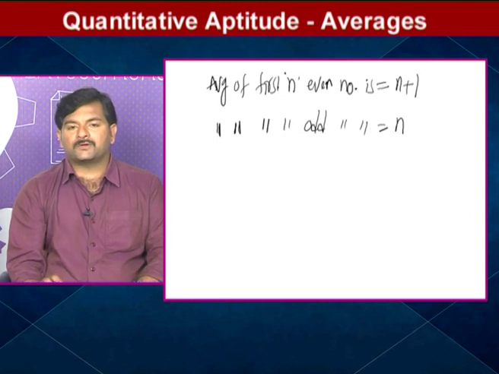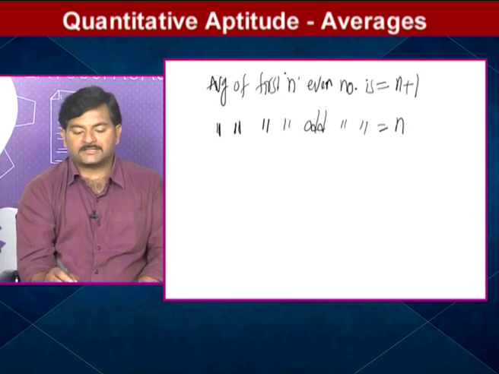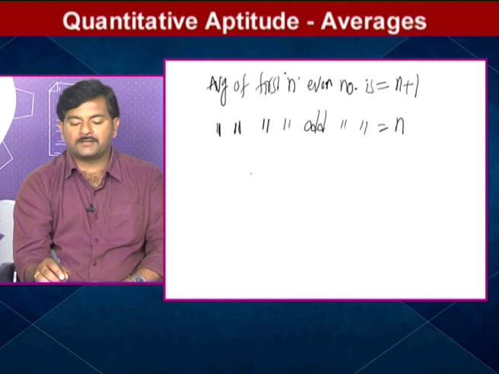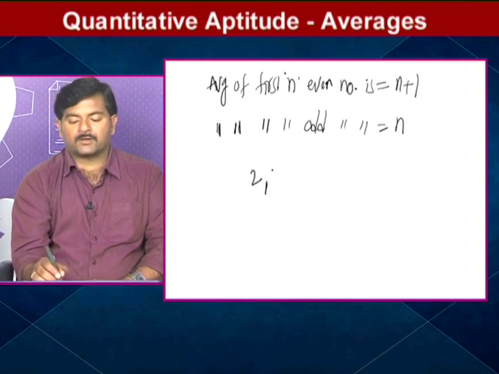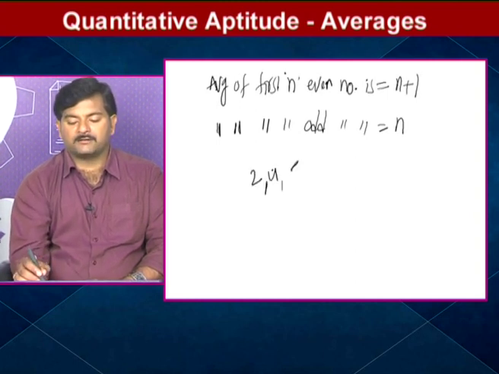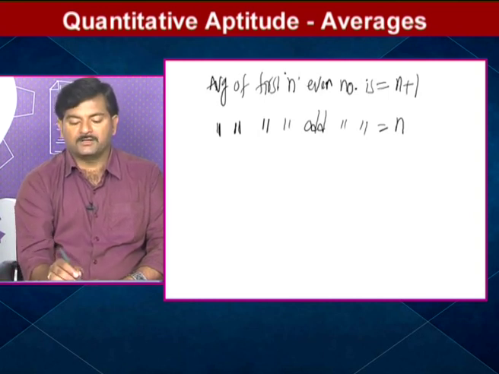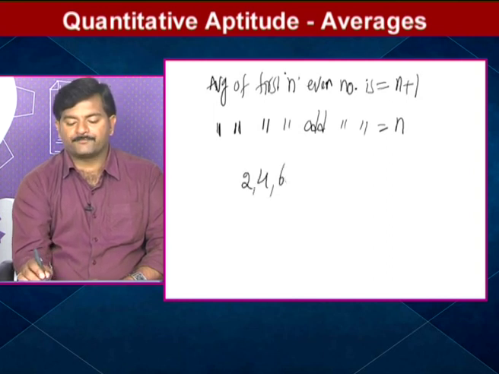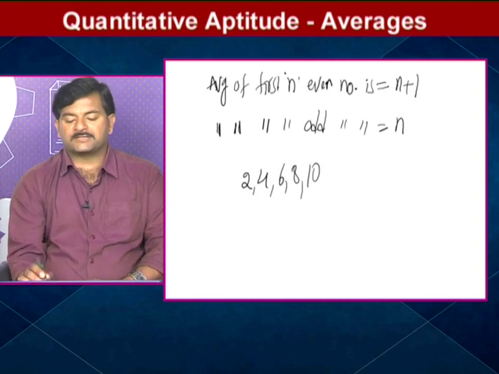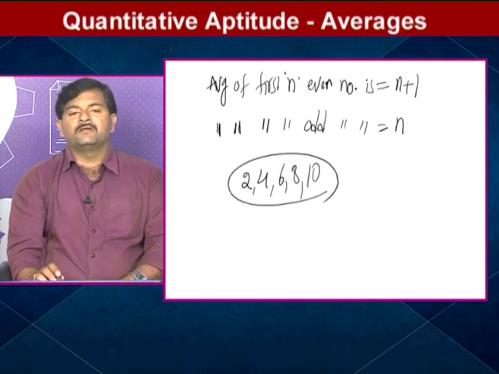Okay. So we'll take one best example. For example, let's say 2, 4, 6, 8, 10. You have to find out the average of all these numbers.